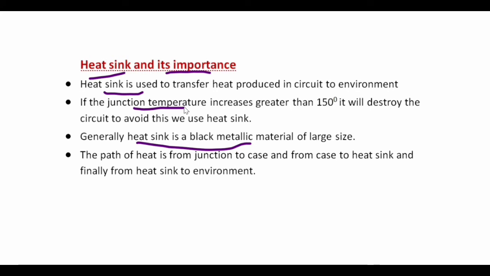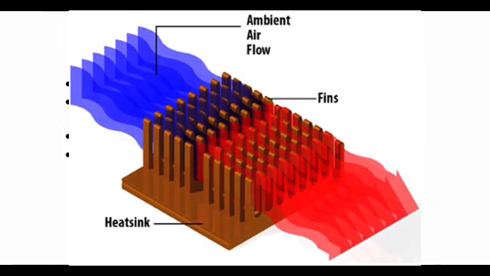If this temperature exceeds 150 degrees Celsius, or the range that is fixed for different devices, and goes beyond that level, it will destroy the complete circuit by going through thermal runaway. To avoid this, we have to sink the heat produced in the circuit to the outside atmosphere. To do that, we require a device, that is, a heat sink.